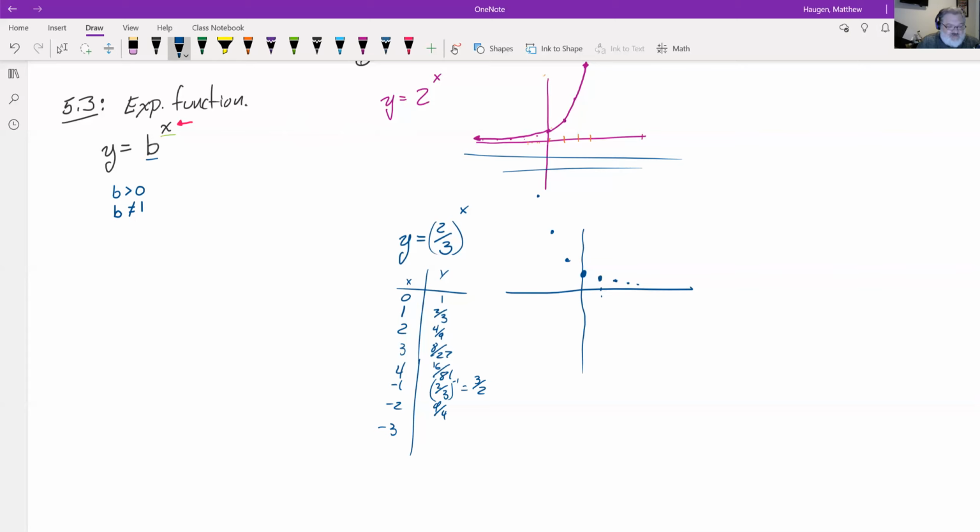It's still an exponential function. It's just trending downward, still asymptotic to y equals 0. Just trending downward instead of upward.